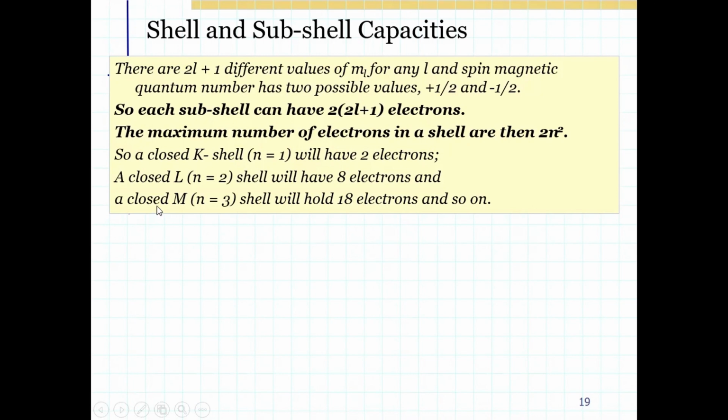A closed n equal to 2, which is the L shell, will have 2n squared, which is 8 electrons. And a closed M shell, that is n equal to 3, will have 3 squared, 9, into 2, 18 electrons, and so on.